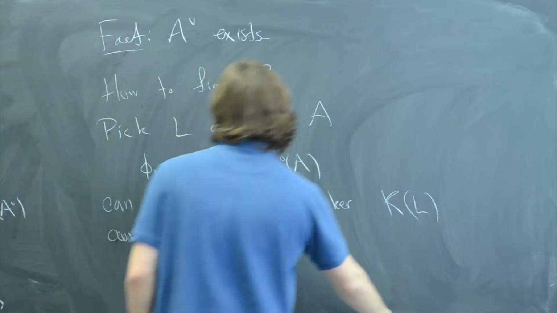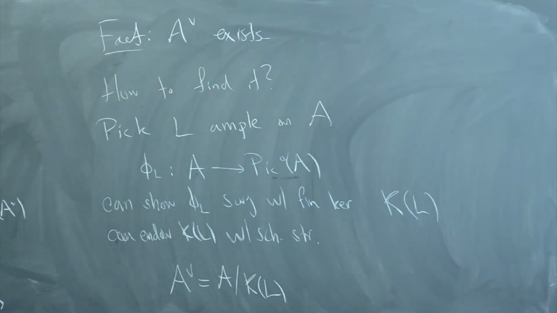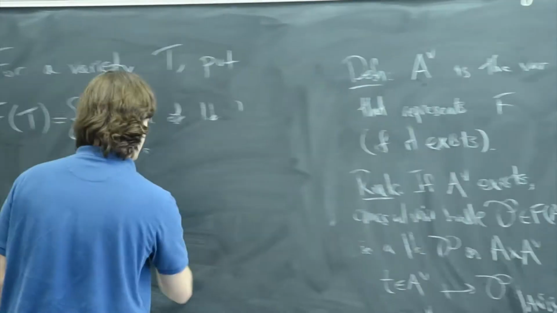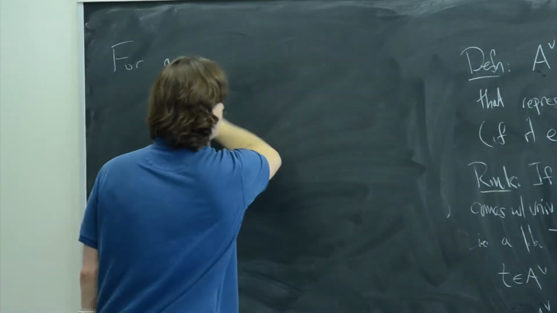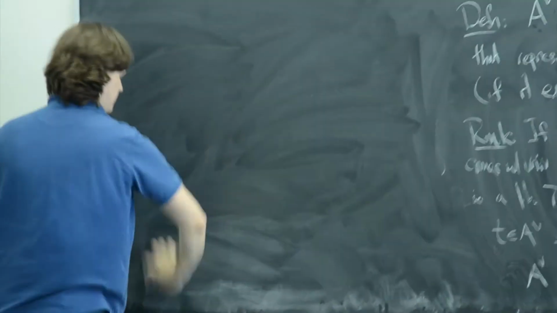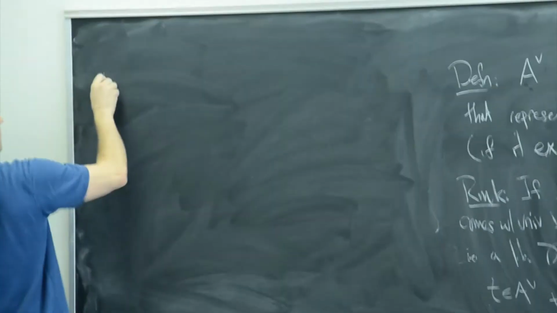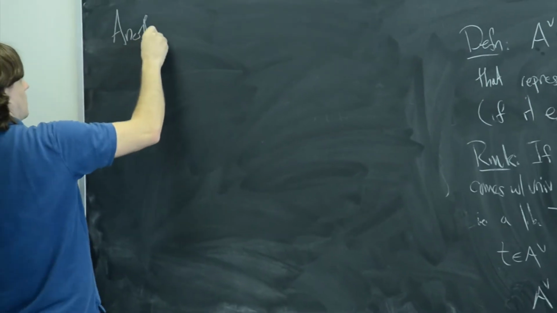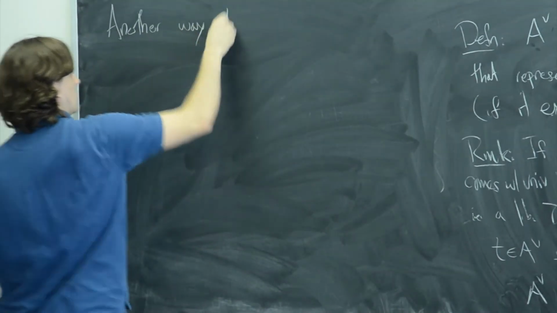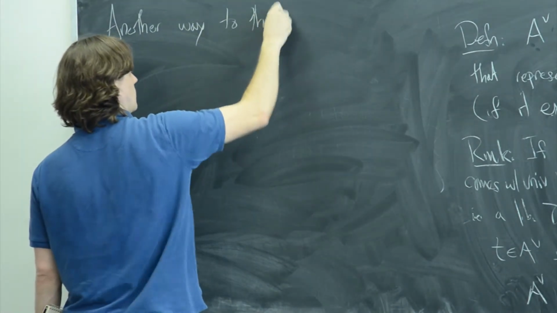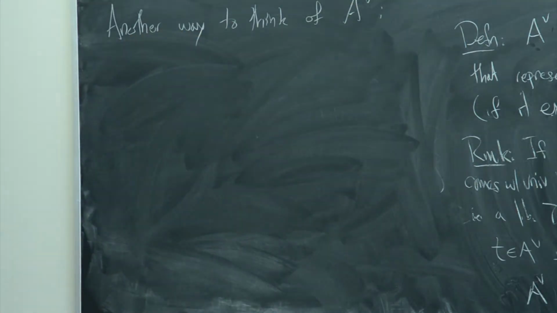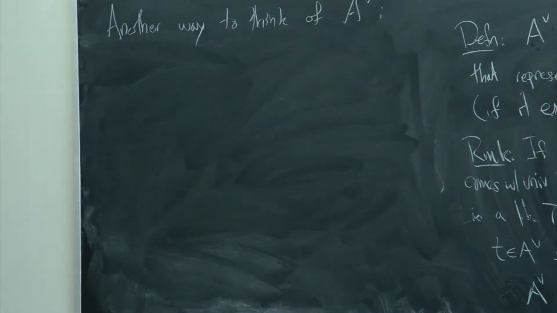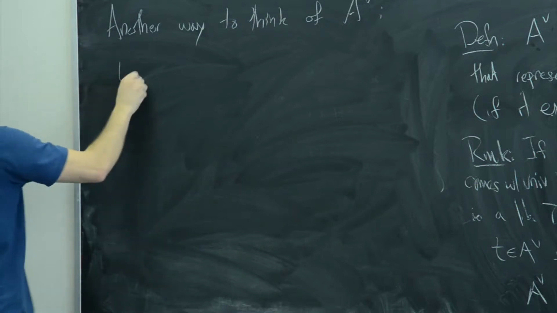So there's another way to think about the dual, which is kind of neat, and I think will be useful for us in a little while. So suppose that we have a bundle L in Pic⁰.